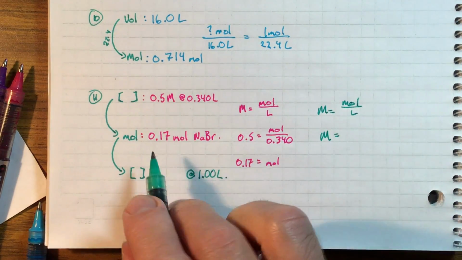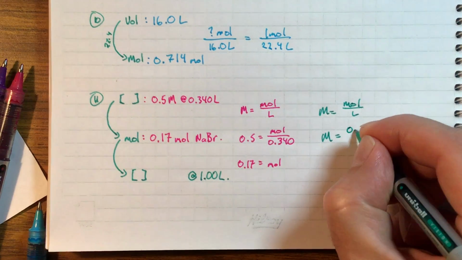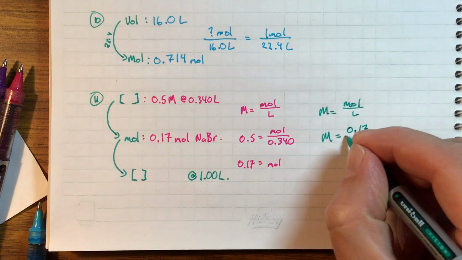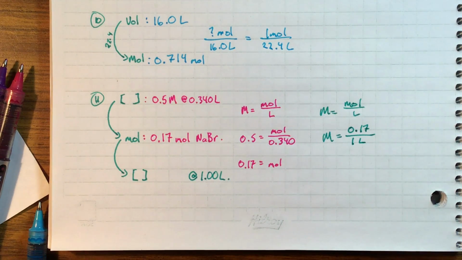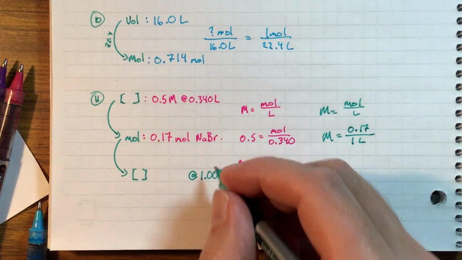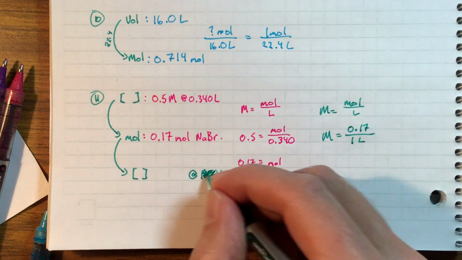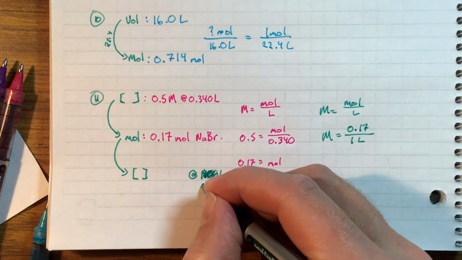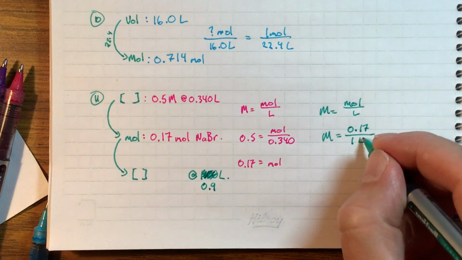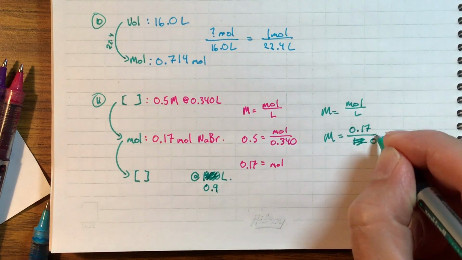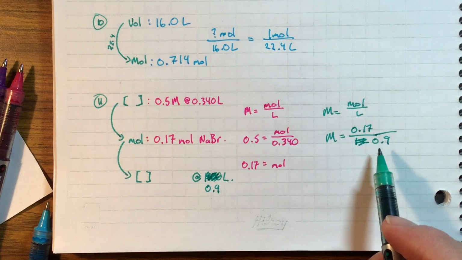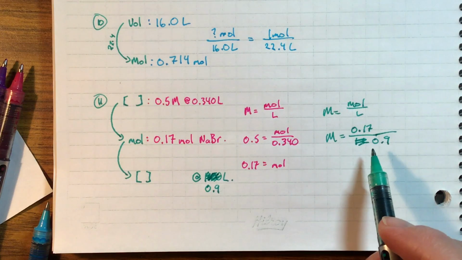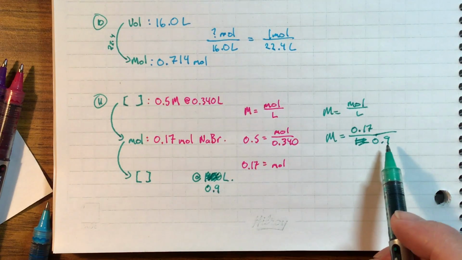So we know we're putting in 0.17 moles, and now we have 1 liter because we've added 560. No, it's not 1 liter, silly Stein. 340 plus 560 is 0.9 liters. That 0.9 liters is our 340 plus our 560 milliliters, 900 milliliters.